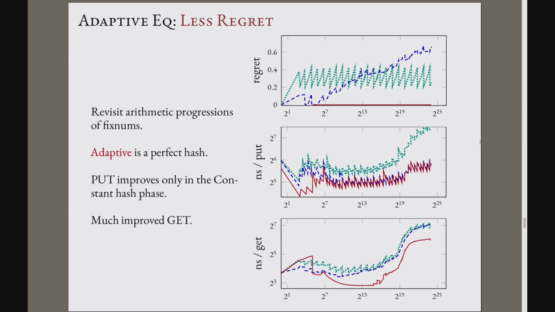For get, on the other hand, we get a 50% improvement in lookup speed because those collisions for prefuzz do matter. So we have 2 things going for us: faster hash function, similarly, well, zero regret, and that's about it. So that's a large improvement.